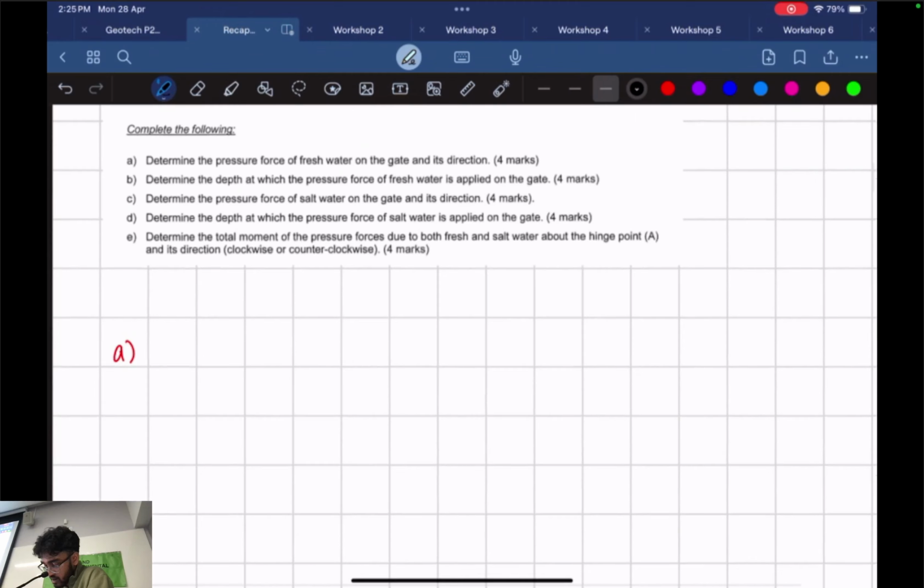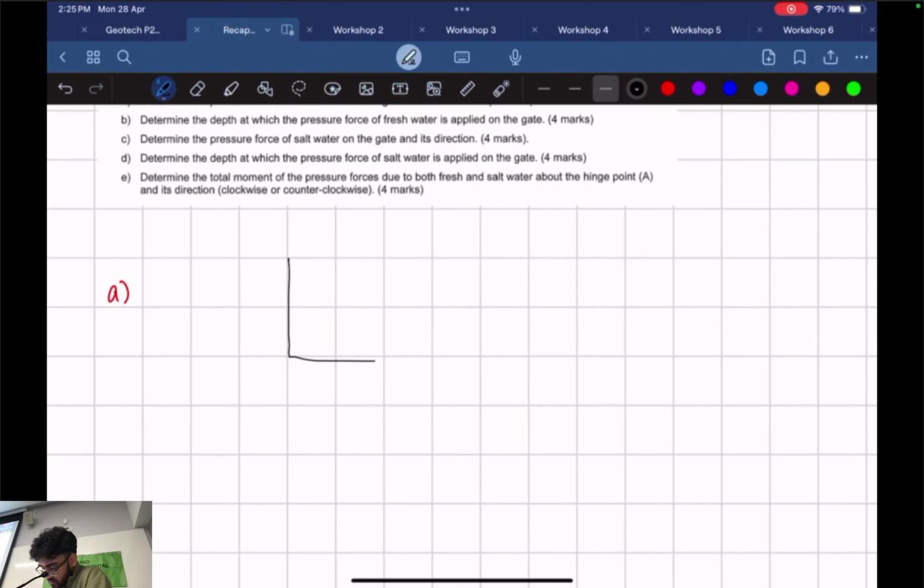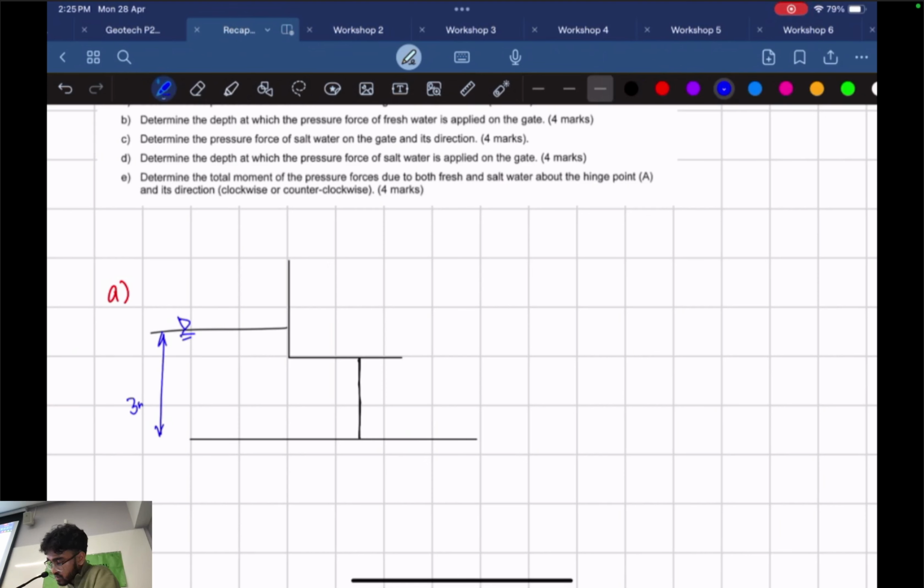I'm going to quickly draw a diagram. Okay, so this is our water table, and we know this is 3 meters. So our pressure distribution acting on the gate will be trapezoidal.